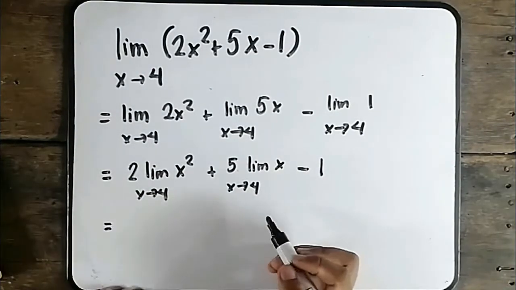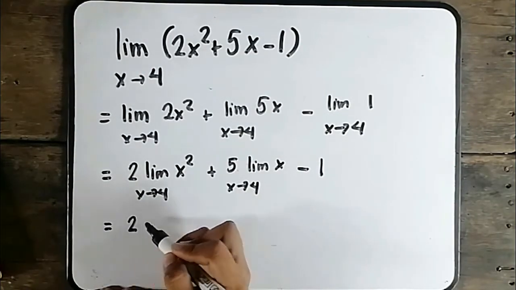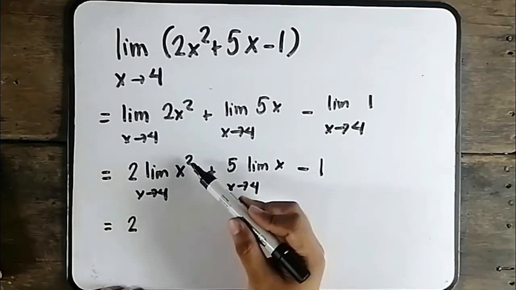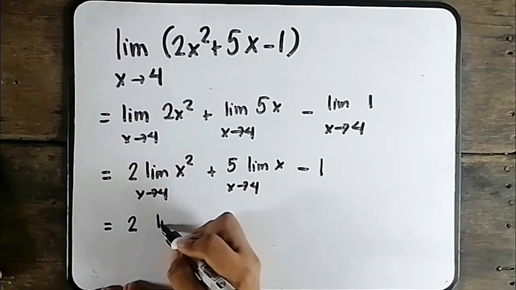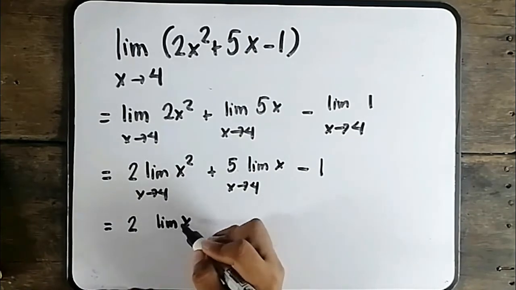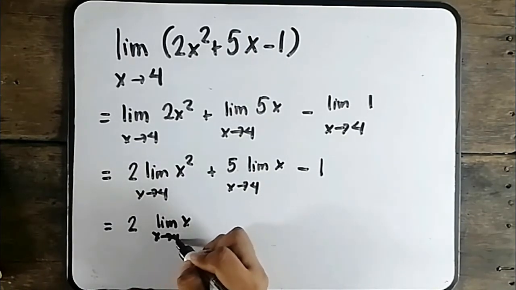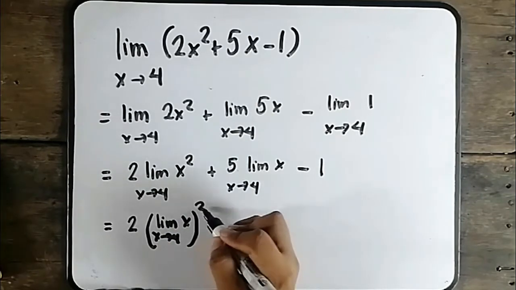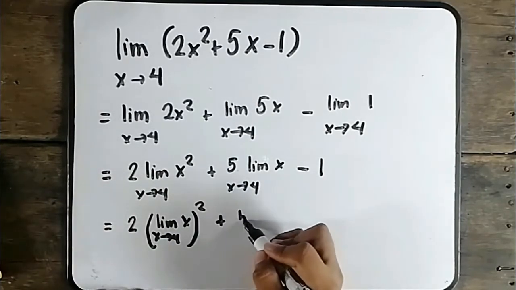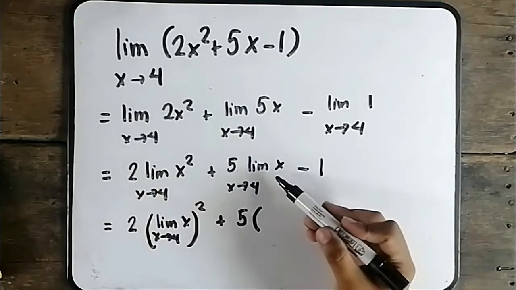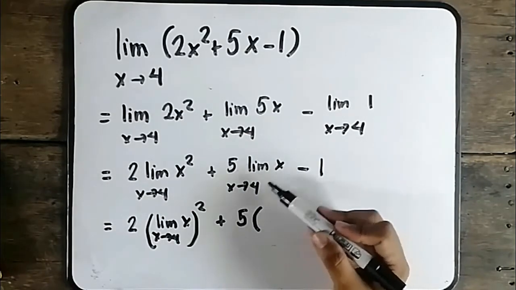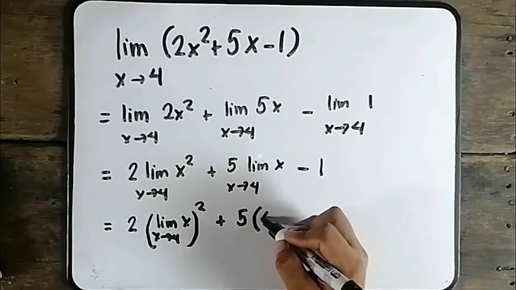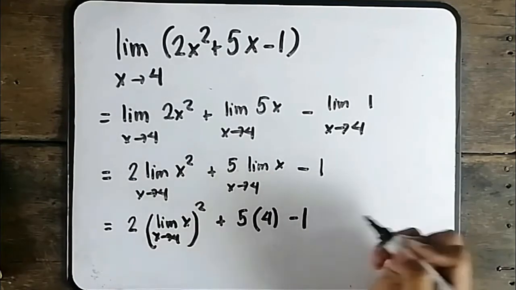So we now have 2 times, meron tayong squared term dito, so pwede natin gamitin yung theorem 8. The limit of x as x approaches 4, squared, plus 5 times, by theorem 3, this is equal to 4, minus 1.